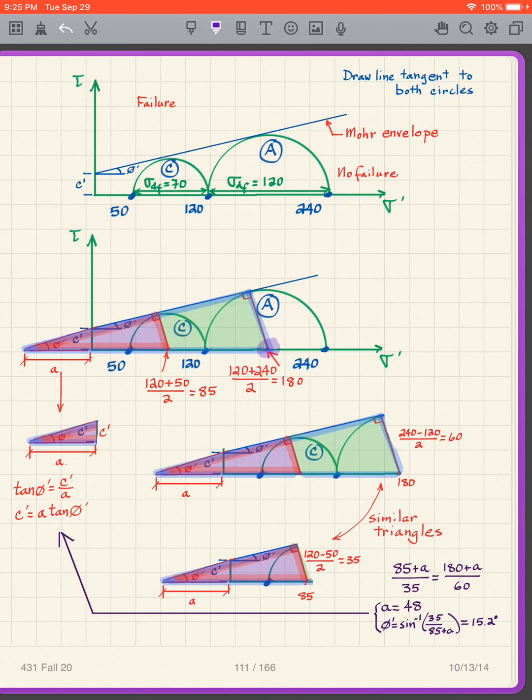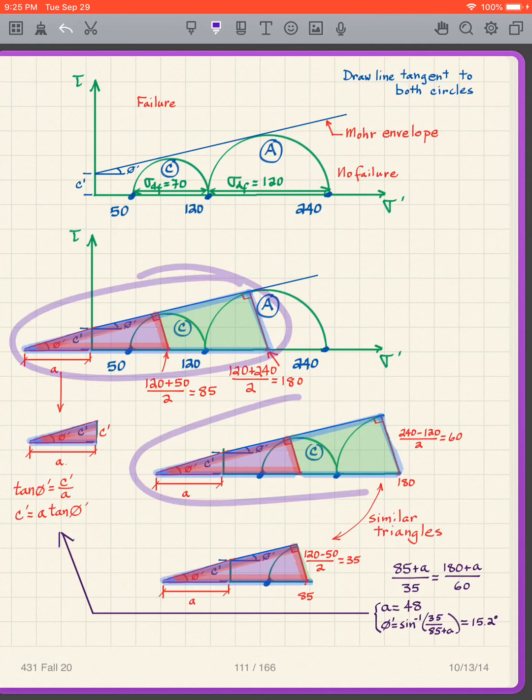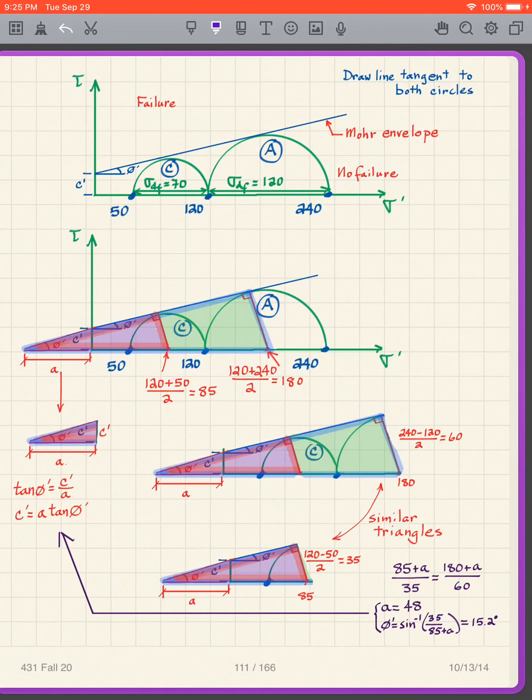Notice I start from the center of the circle and draw to the tangent, and I know that a tangent is a right angle there. So this big triangle is this here, and this little triangle is this one here.